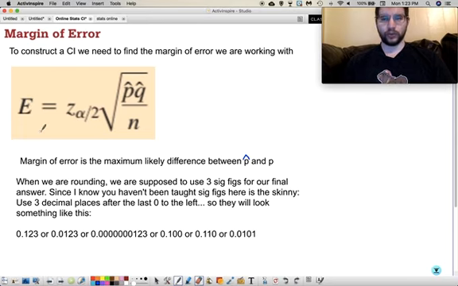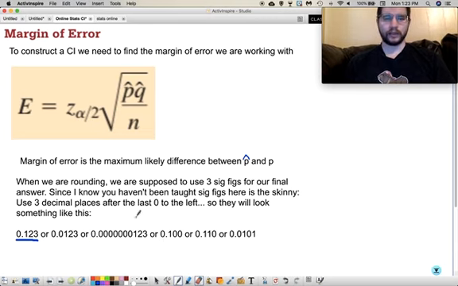Now, there are rounding rules, and we're supposed to use 3 sig figs. And I know you don't know what sig figs are, so here's what it is. Your answer is going to look something like this, 0.123. Or it might look like 0.0123, or 0.000000123.